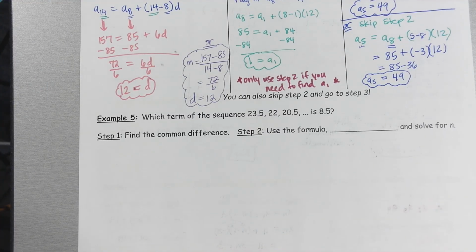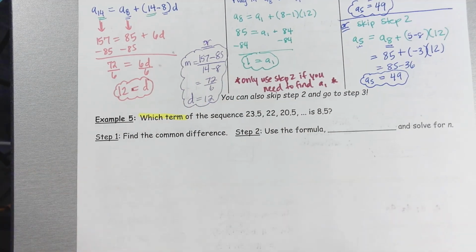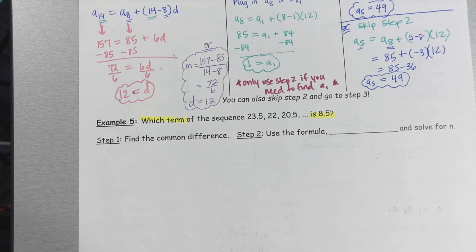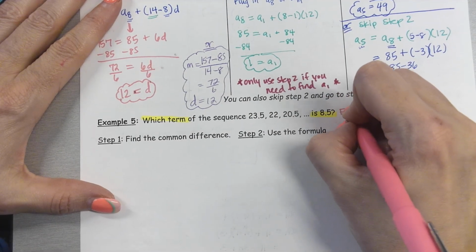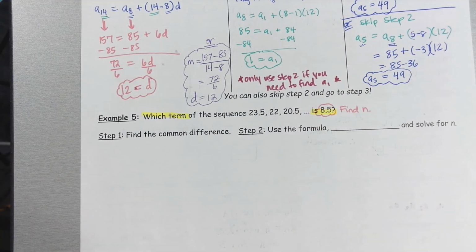Alright, and then for the last one, it says which term of the sequence is 8.5. So if you're trying to find the term, you are trying to find n. Finding the value of n. Okay, and then they give you this sequence.